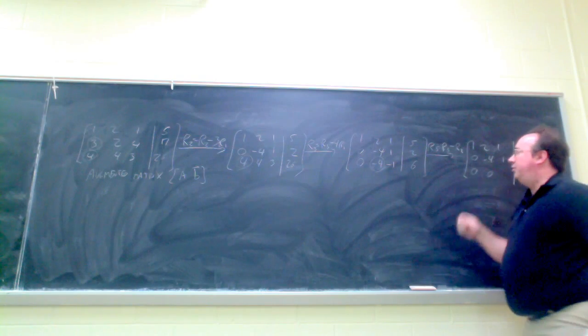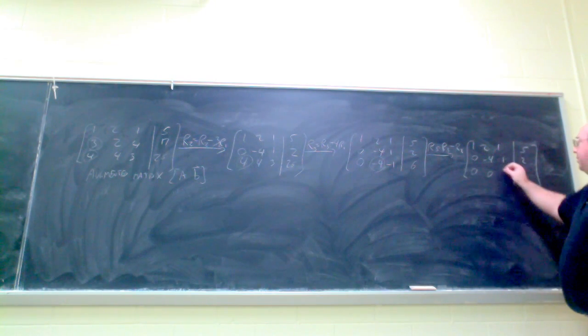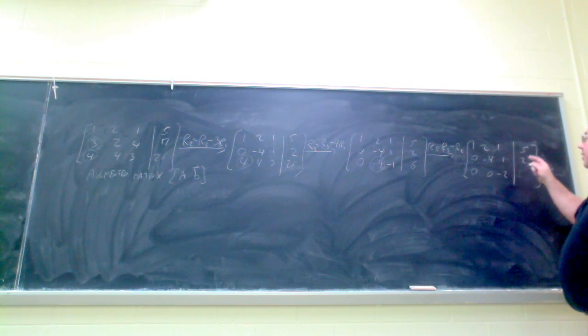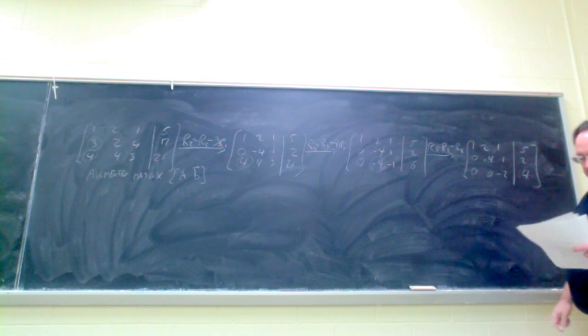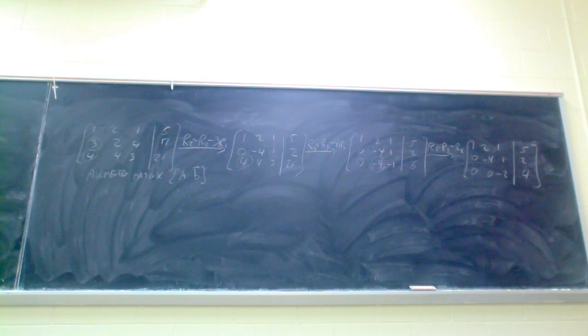So now that entry becomes 0, and then minus 1, we get minus 2, and we get 4. Okay, so now the system is upper triangular, and you can use back substitution.